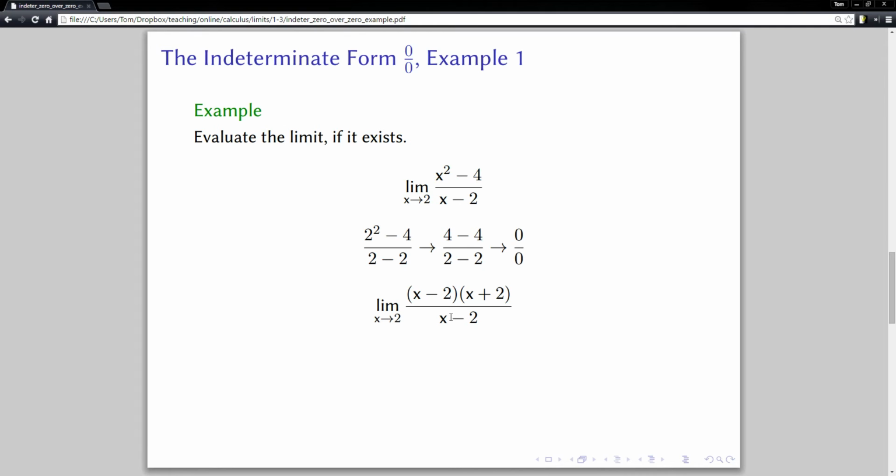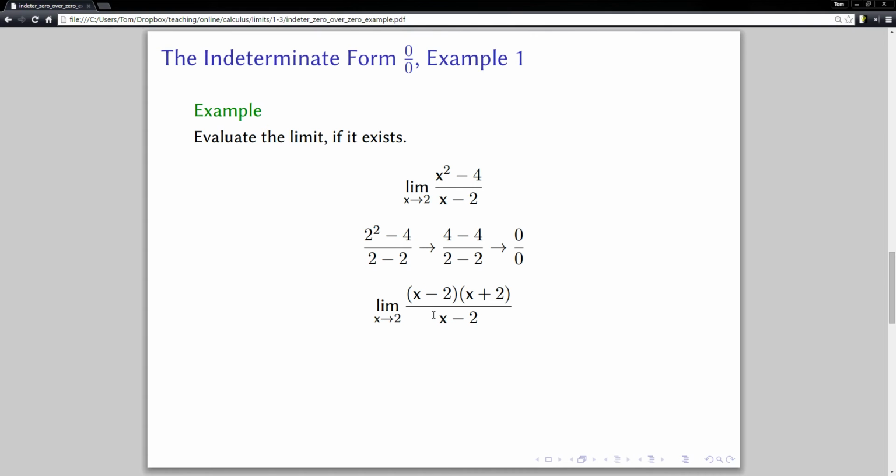Now you may say, well, wait a second. If I plug the 2 in there, I get 0 over 0, and you already told me that's an indeterminate form. So how can you really cancel those two things out? Well, the thing about the limit is that the limit describes what's happening to the y values the closer and closer the x values get to 2, but not equal to 2.